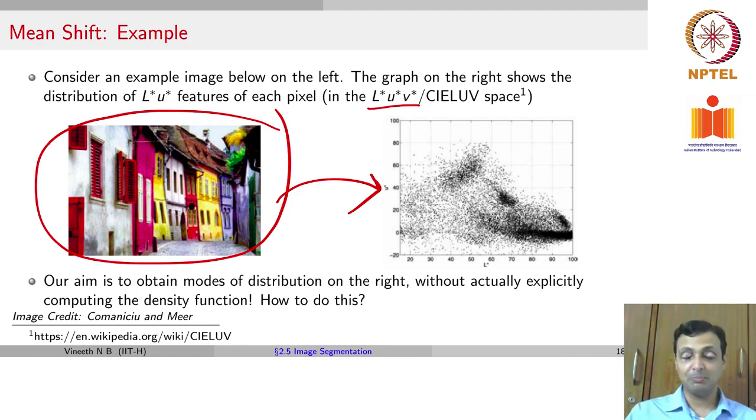So this is, for simplicity of plotting, a plot of only the L* and u* features of this image. In this feature space, we ideally want to find out what are the modes of the overall distribution of the intensities in the L*u* space. So how do you find the modes of such a distribution?